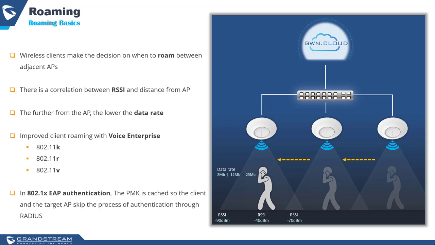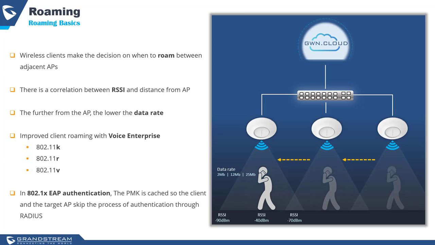So we explained the traditional method of using RSSI when making decisions about roaming. GWN access points can improve the roaming experience by enabling voice enterprise. This feature significantly reduces the length of time required by the clients to switch from one access point to another access point during the roaming process. In normal circumstances, roaming using RSSI only can take between 300 milliseconds to 1 second to switch from one access point to another.